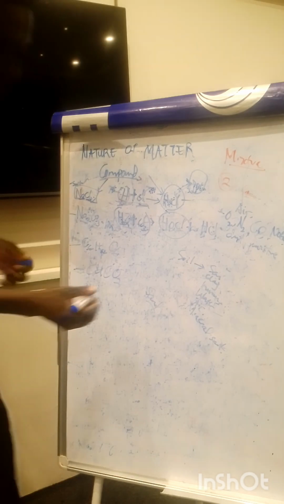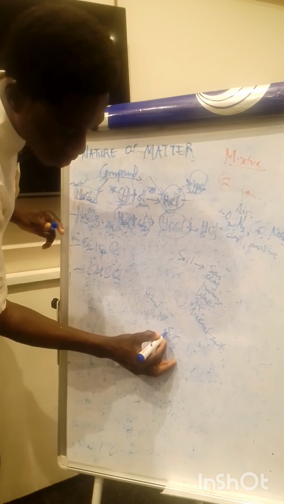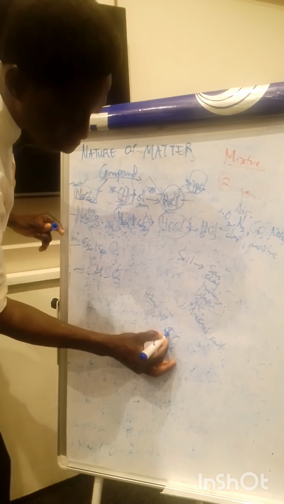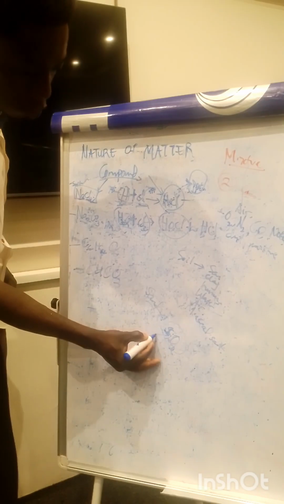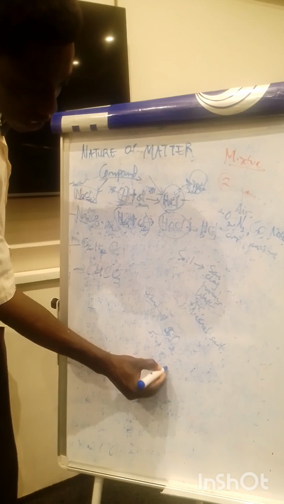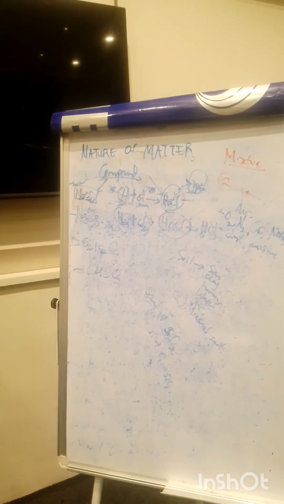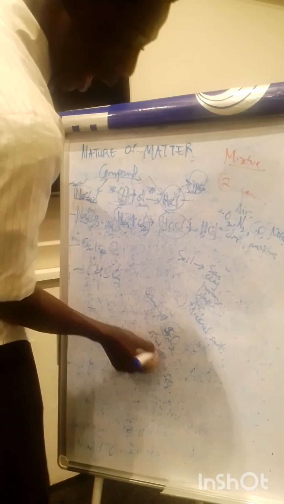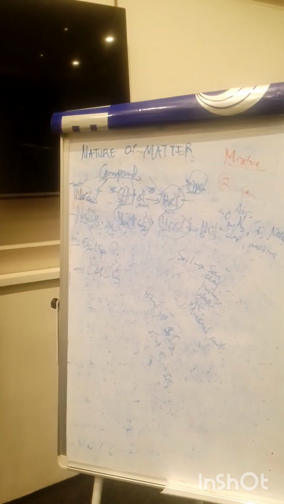Our formula for sand is SiO2, silicon(IV) oxide. Are you with me? And this is a compound. SiO2 comes from the combination of the elements Si and oxygen. So why will you say it's a mixture? So sand is a compound. Are you with me?